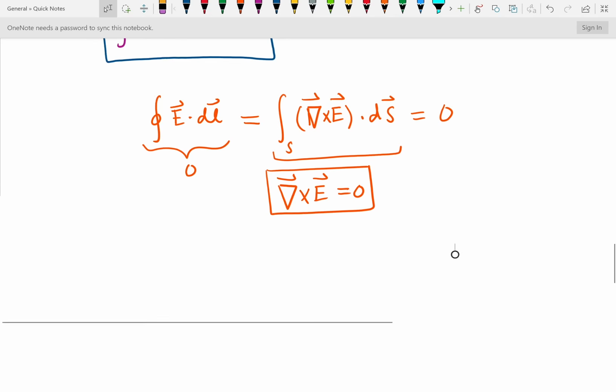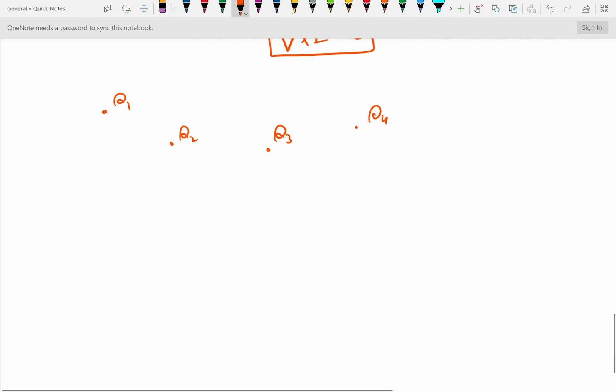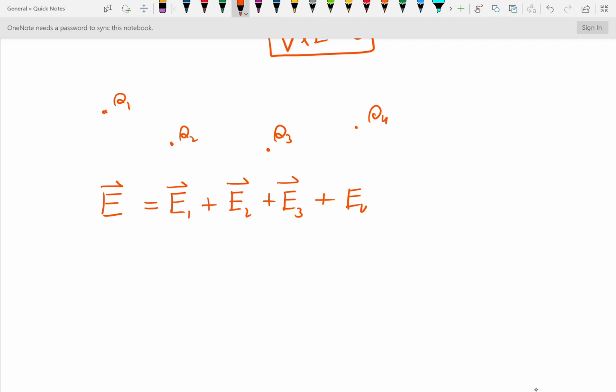And suppose you have more than one charge, for example a charge q1, another charge q2, another charge q3 and q4. Then by the principle of superposition, the total electric field is the sum of the electric fields due to individual charges.